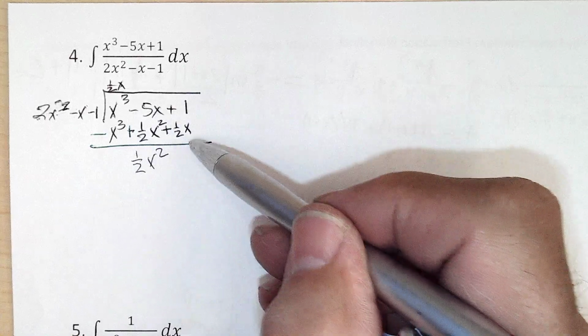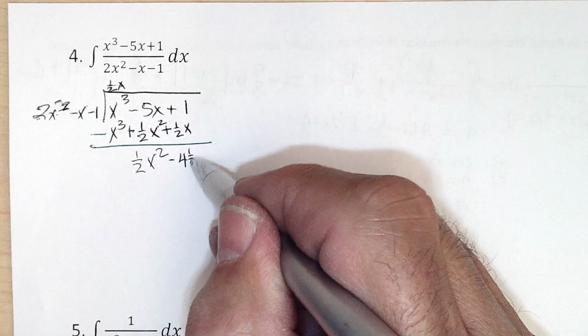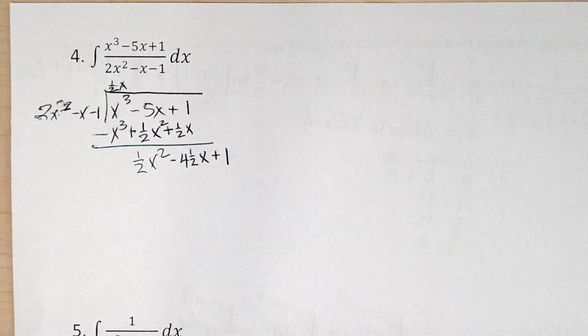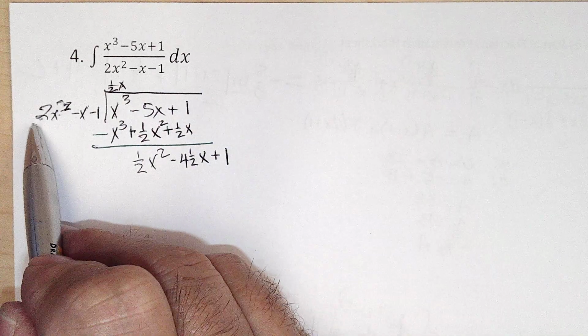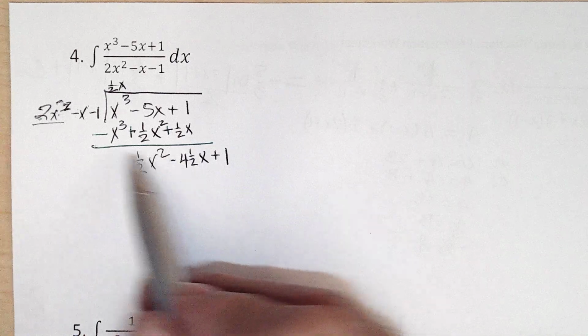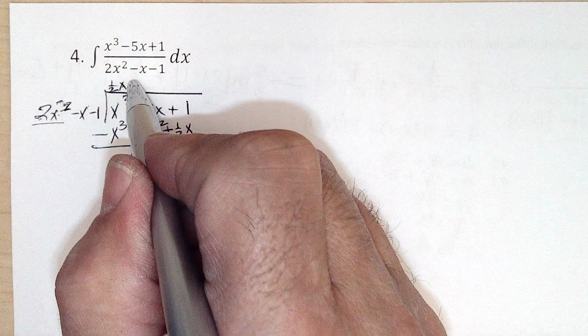I have -5x's plus a half x, so that's -4.5 x's plus 1. What do I take times 2x squared to make this? I have to multiply it by 1/4.